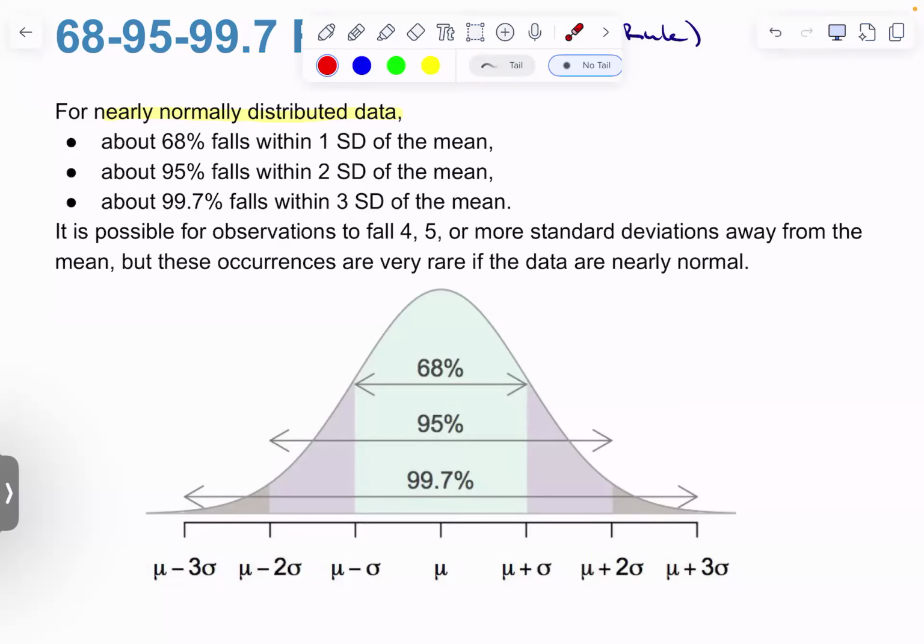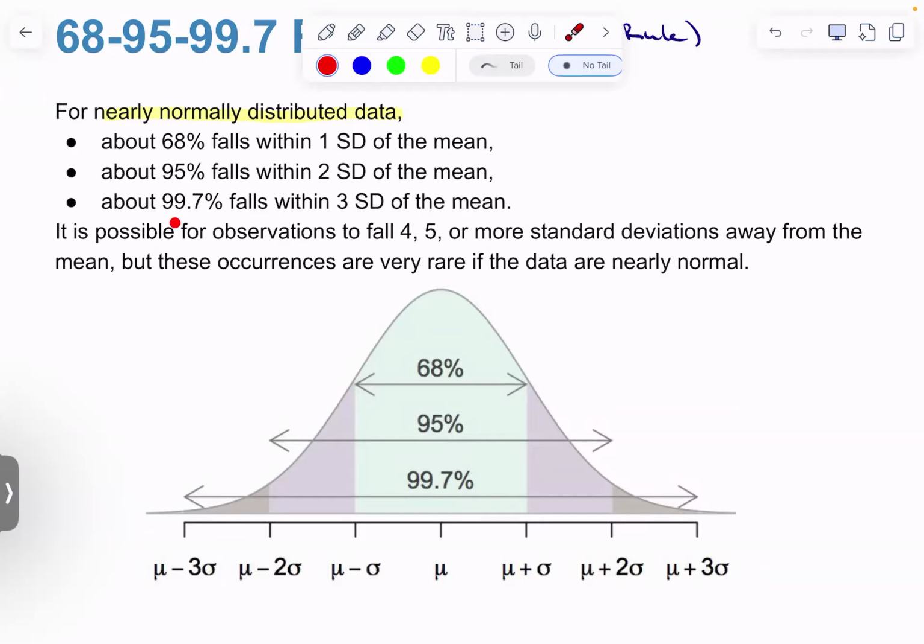Why? Because it's in these extreme 5%, in fact 2.5% on the lower end and 2.5% on the upper end, split evenly by symmetry. And so we would say that's unusual. Not impossible, but unusual. So that's where that came from.